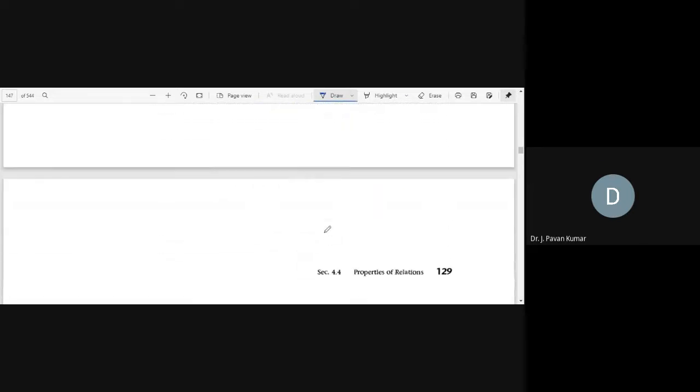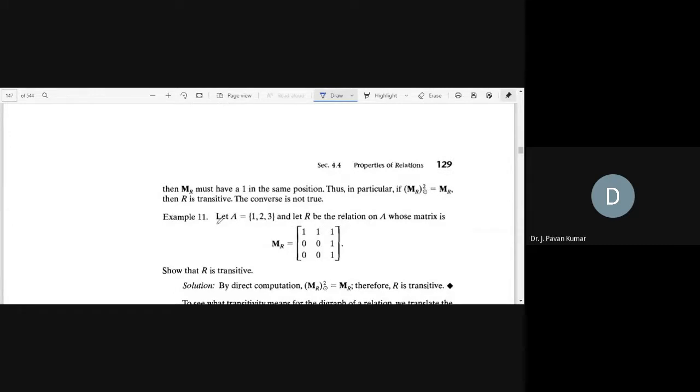Next, how can we determine this transitive relationship in the form of a matrix? If a matrix is used to represent this relation, then to claim the given relation is transitive, we will calculate MR squared. We know how to calculate MR squared, right?